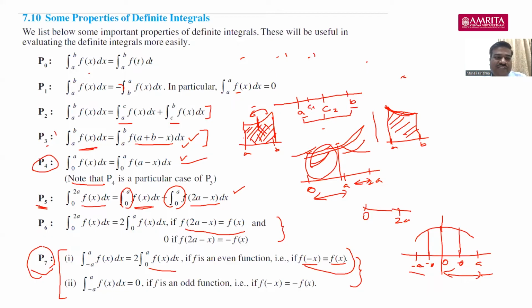In a very rare case, P5 will also be used. And the basic rules like P1, P2, the splitting up of integrations, depend on the problem and the question, and we apply them only if required. I will show you some examples of which category of problems they fall into.